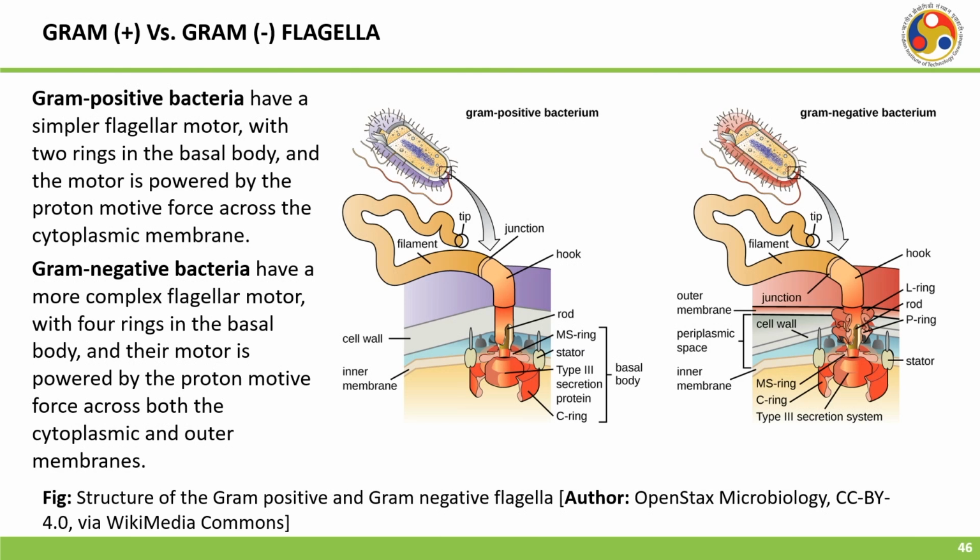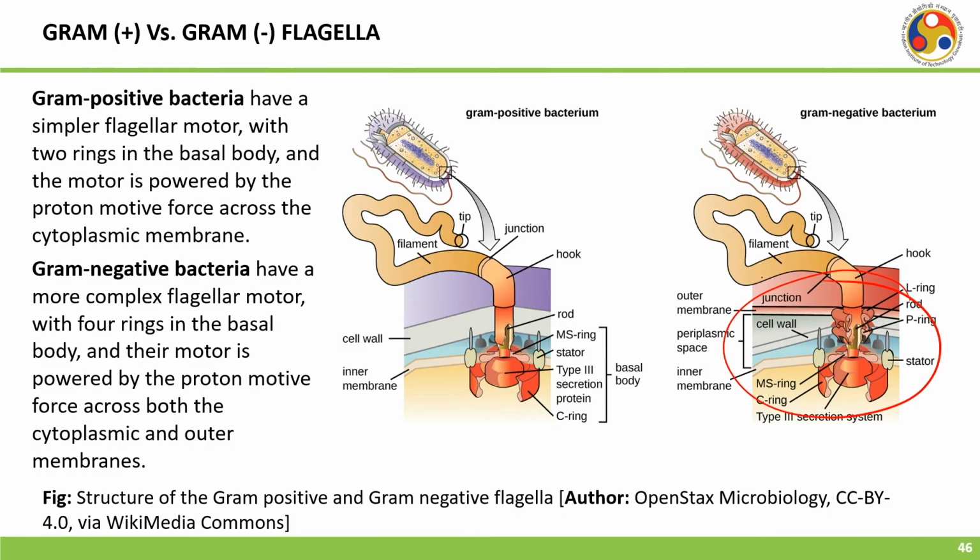Gram-positive bacteria have a simpler flagellar motor with 2 rings in the basal body, and the motor is powered by the proton motive force across the cytoplasmic membrane. Gram-negative bacteria have a more complex flagellar motor, as you can see here, with 4 rings in the basal body, and the motor is powered by the proton motive force across both the cytoplasmic and outer membrane.